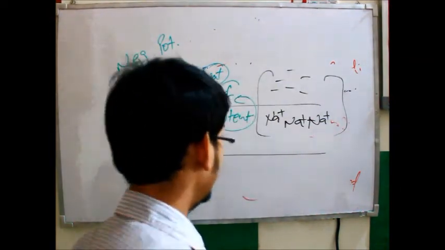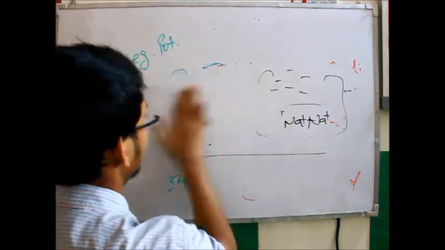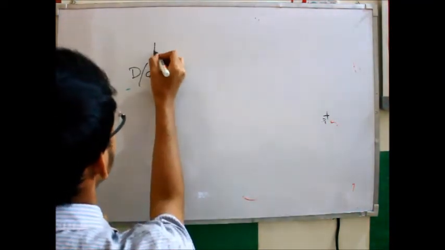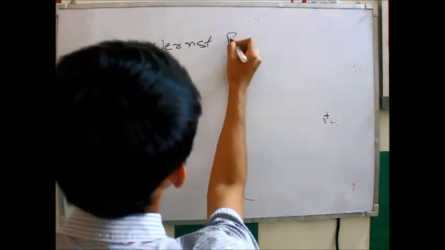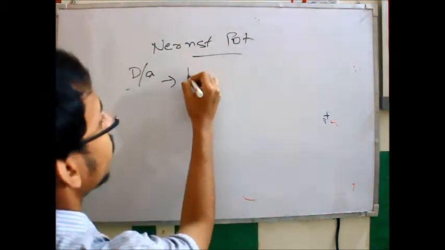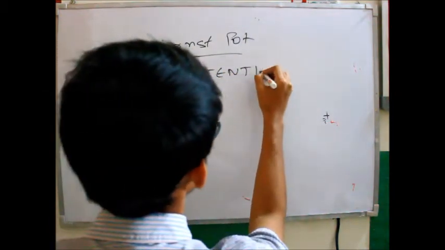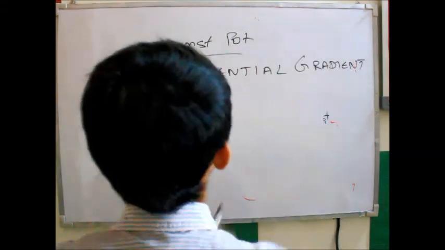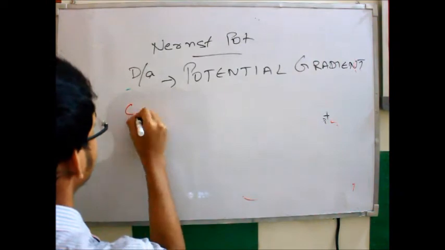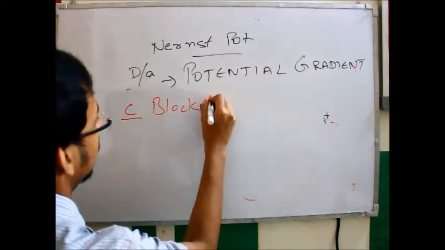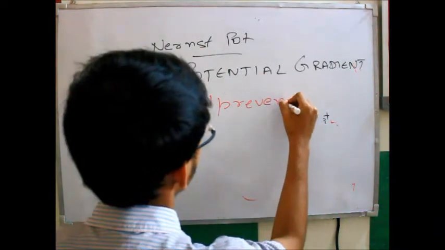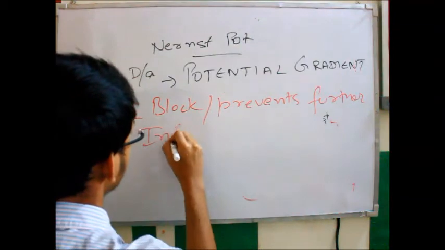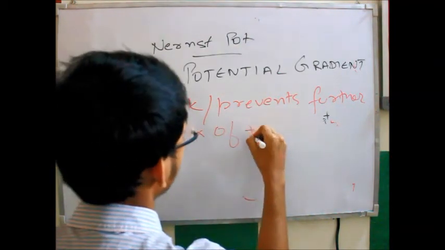And so in simpler language, we can define the Nernst potential as the potential gradient which blocks or prevents further influx of positive ions.